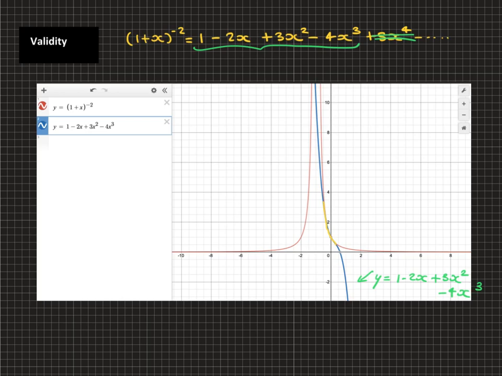So the more terms that you include in your expansion, the closer the curve of these terms will match against the curve of your original function, the one that actually is being expanded.